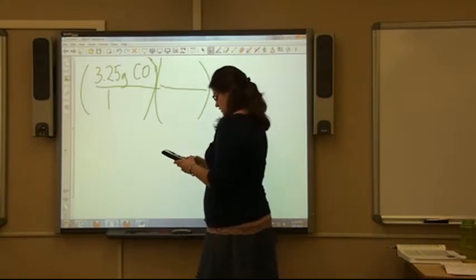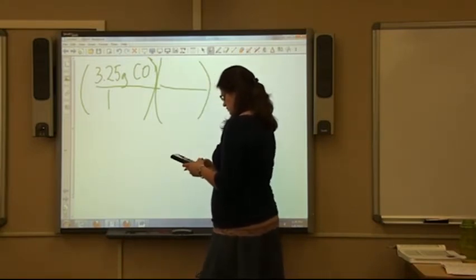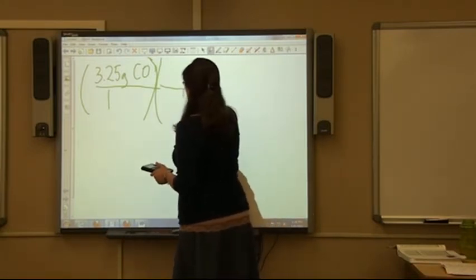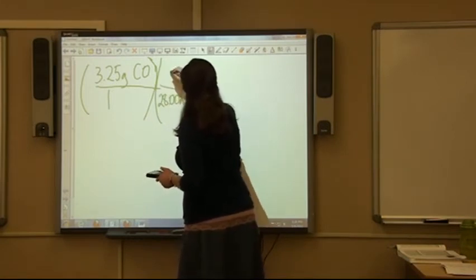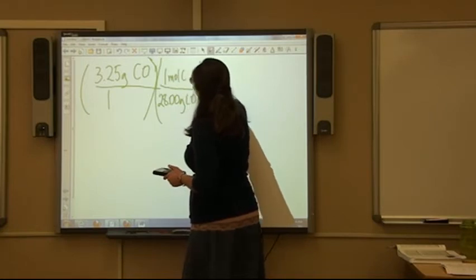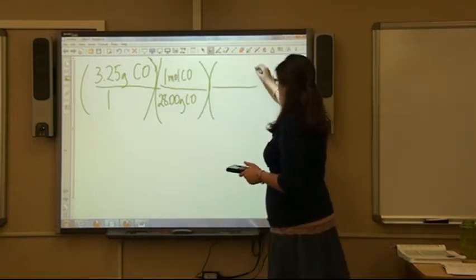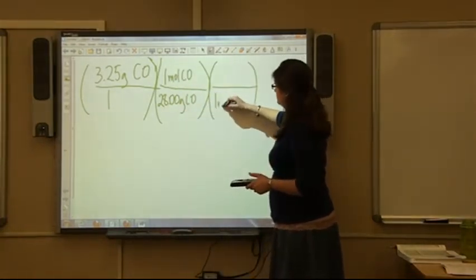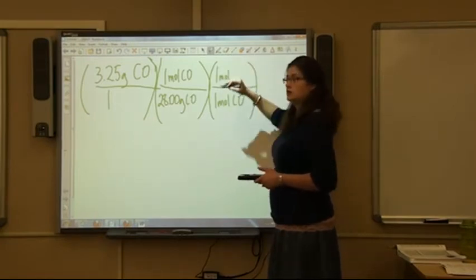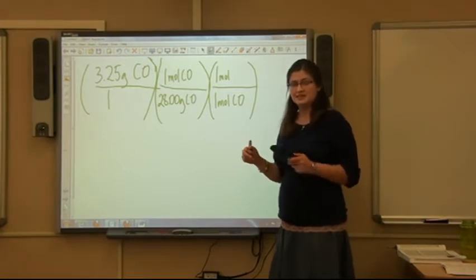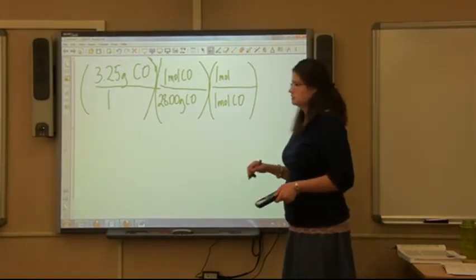Okay, carbon monoxide is 28.00 grams. Okay, here's your tricky step. What is your species B? It's still that product, the acetic acid.